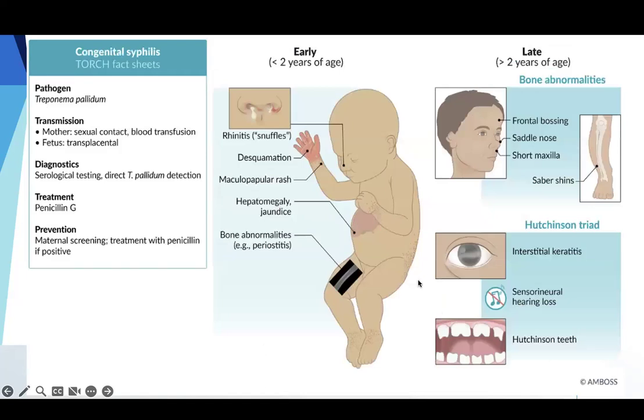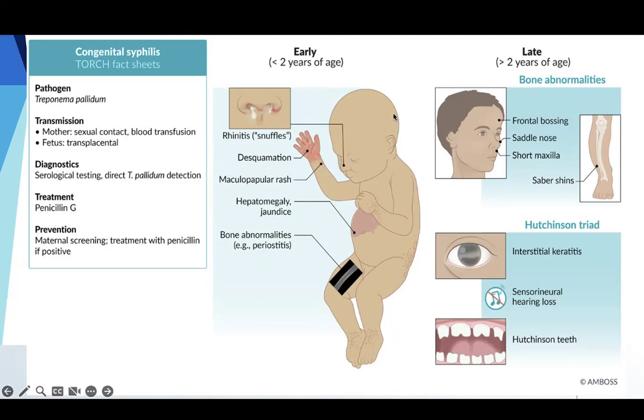And I added here a little bit about the congenital syphilis stage, because it's important to recognize this in babies too. Early on, in the first 2 years of life, you can have these symptoms: bone abnormalities, jaundice, the rash on the palms and soles, desquamation, rhinitis. The baby has a lot of involvement in the body in the first 2 years of life, and even later in life.